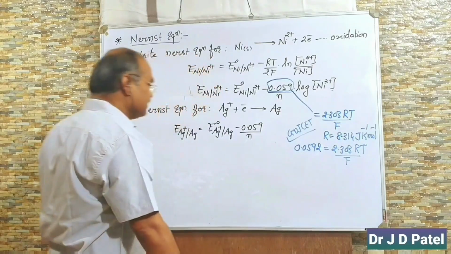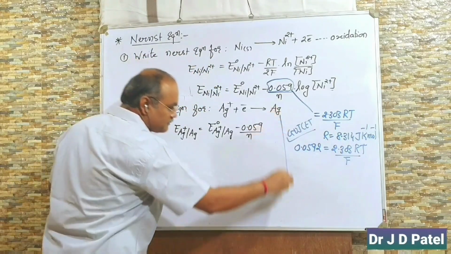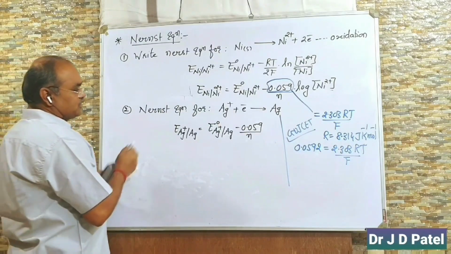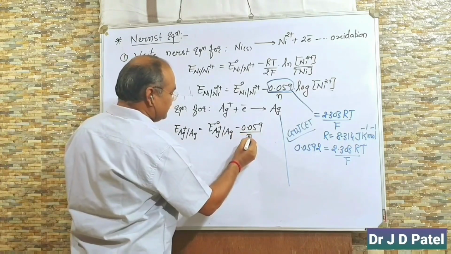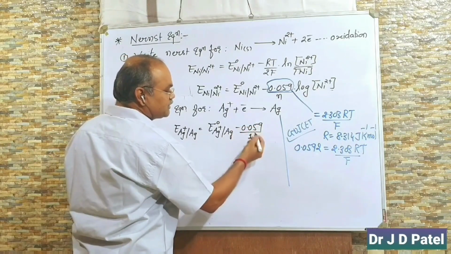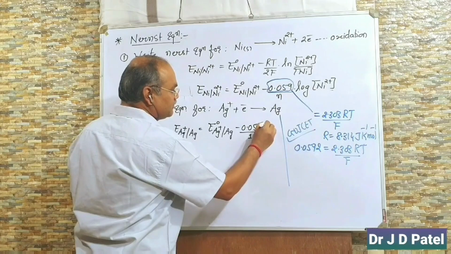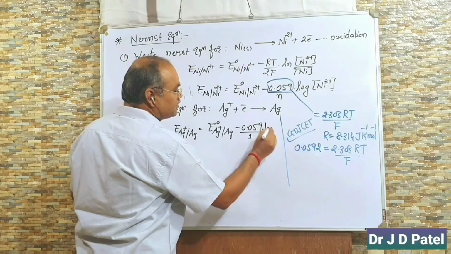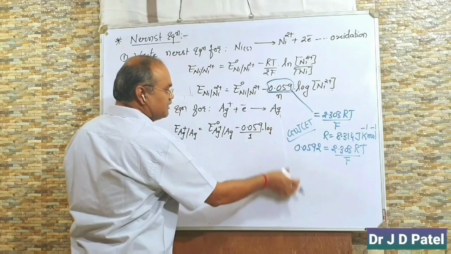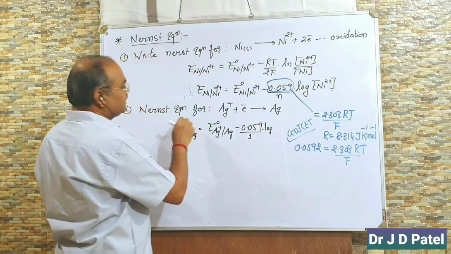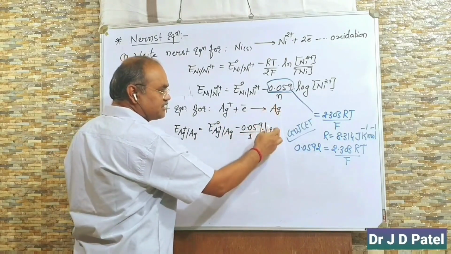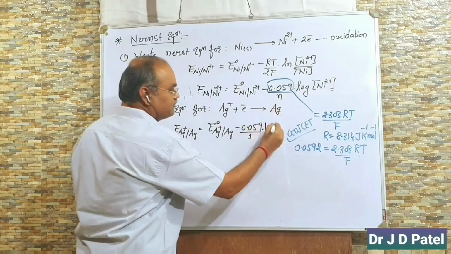Okay. Now for this, N is how much? 1, the number of electrons transferred. Whether you write it or not, there will be no problem. Log of this will be product by reactant. Ag plus gives Ag, so the product is Ag by the reactant Ag plus.